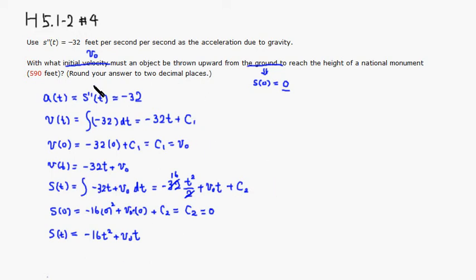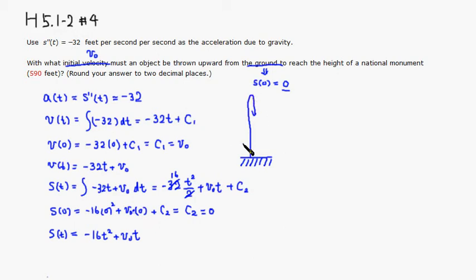Then what we want to do is make sure that this object reaches the height of 590 feet. So here's the ground. An object is thrown upward, and it comes back down at some point.